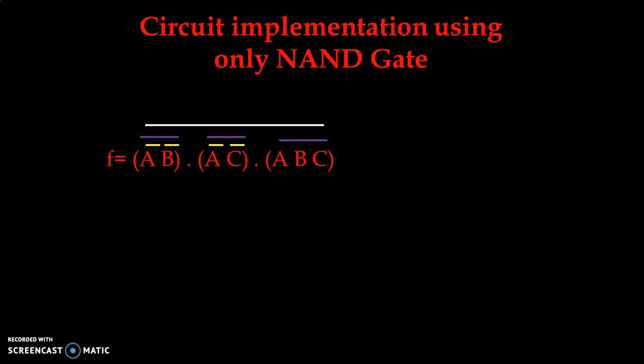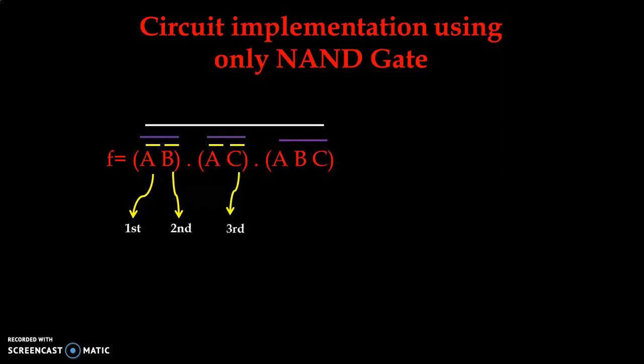Now we have to use only NAND gates. So let us check. For A bar, we have to use one NAND gate. So the first NAND gate we use for A bar. We only have ABC inputs, and to get A bar, B bar and C bar, we have to use a NAND gate as a NOT gate. The second NAND gate we use to prepare B bar, and in the same way for C bar we use the third NAND gate.